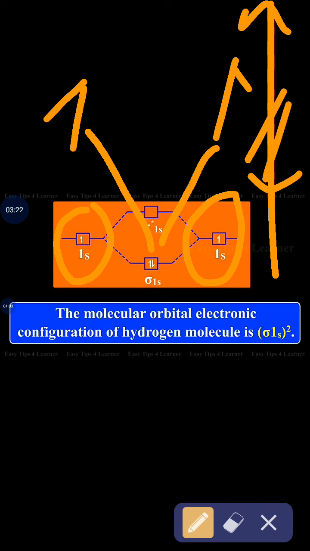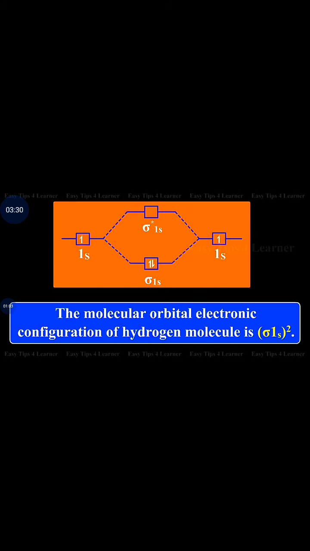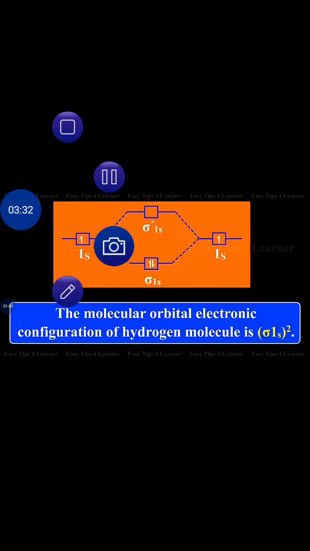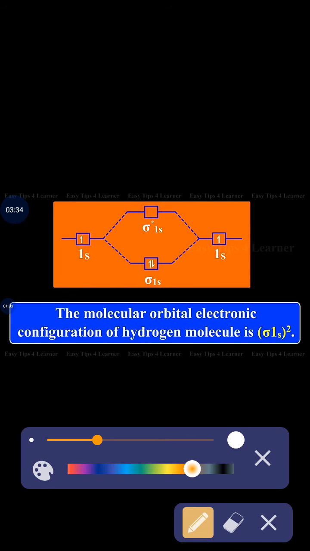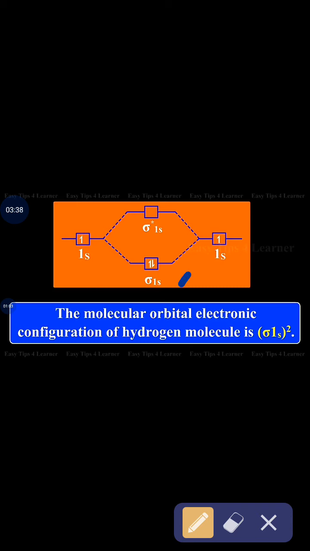As the energy level increases, sigma 1s has lower energy as compared to this one. So one electron comes from here, one electron from here, and they give sigma 1s.